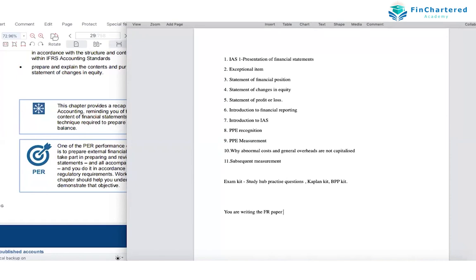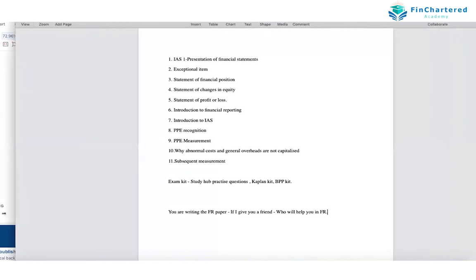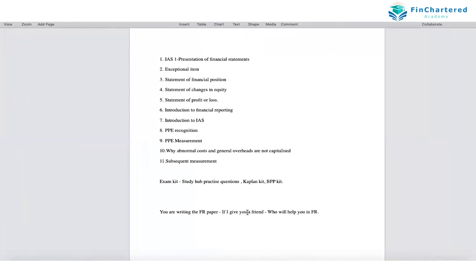Alex, are you there? You are writing the FR paper, correct? Now tell me, when you're doing this paper, is it helpful if I give you a friend who will help you in FR? This friend will completely help you in FR from starting till ending. He will tell you what to do. He will remind you the rules.